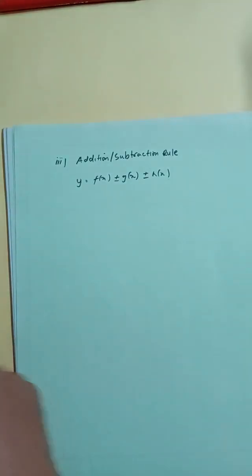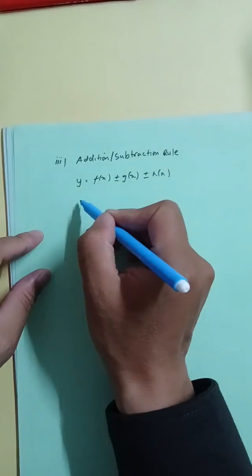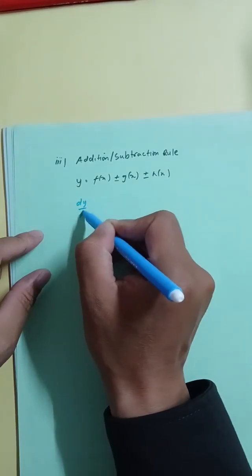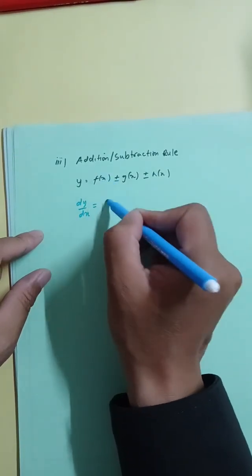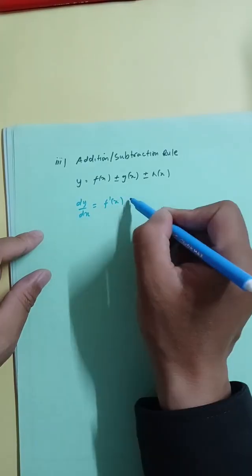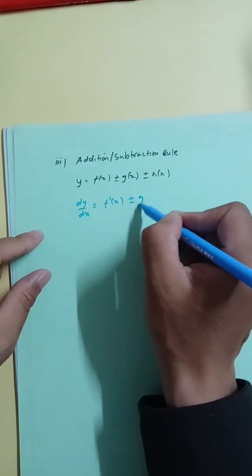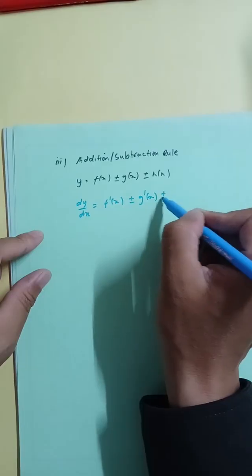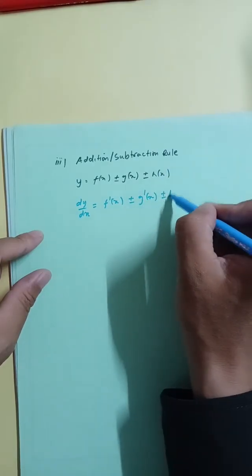Differentiate term by term, so dy over dx is equal to the derivative of f, f prime x, plus or minus the derivative of g, g prime x, plus or minus the derivative of h, h prime x.